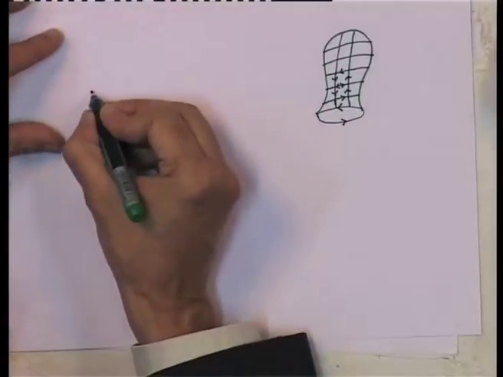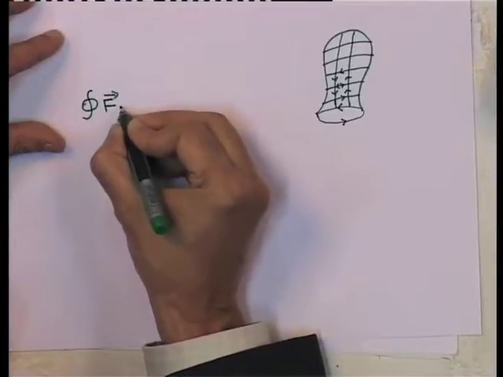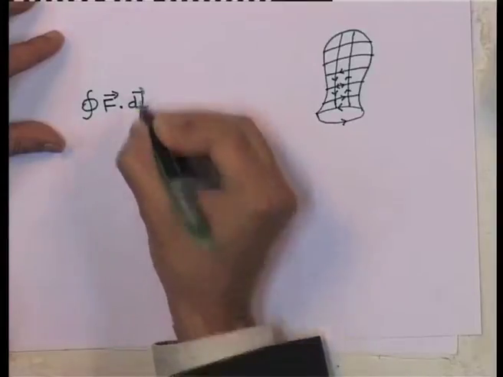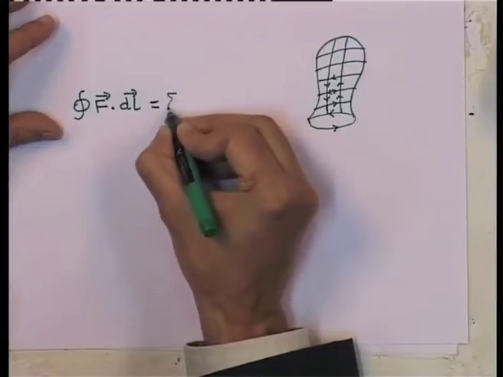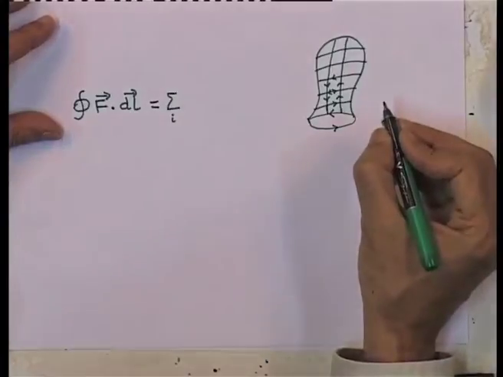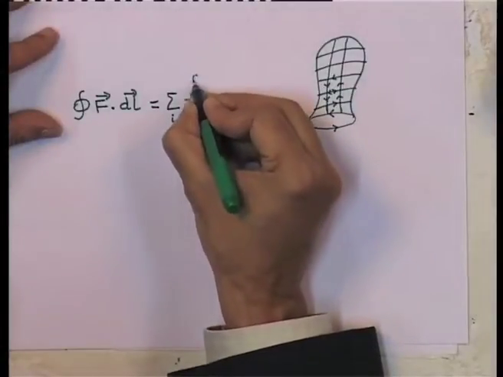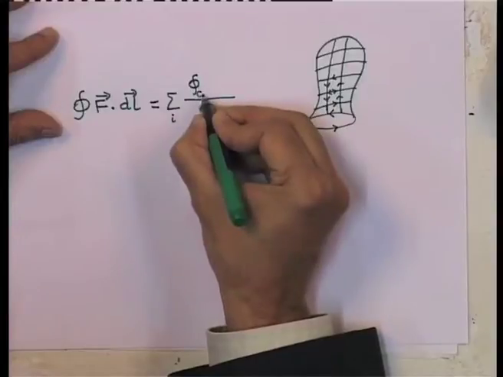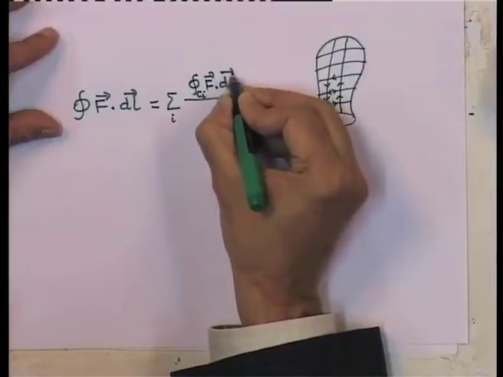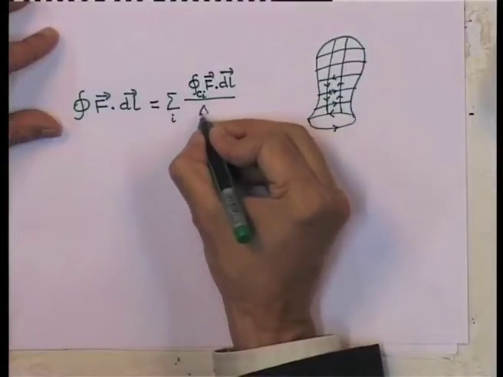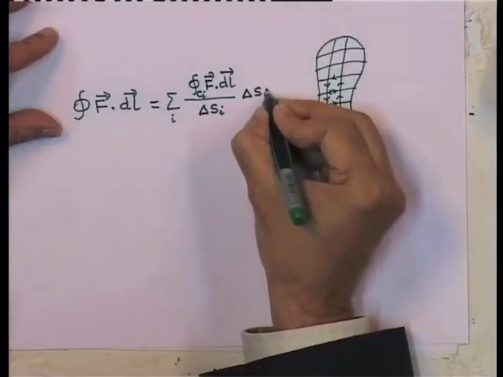Now, with that, we had shown that the line integral of a vector field f dot dl can be written as a sum over i, that is, a sum over each such elemental contour, where I take the contour integral over each contour. Now, let me divide it by the area of the ith cell and multiply it with the area of the ith cell.